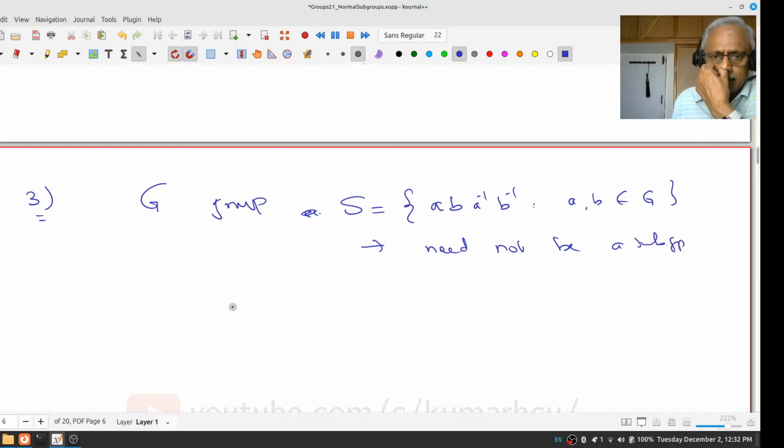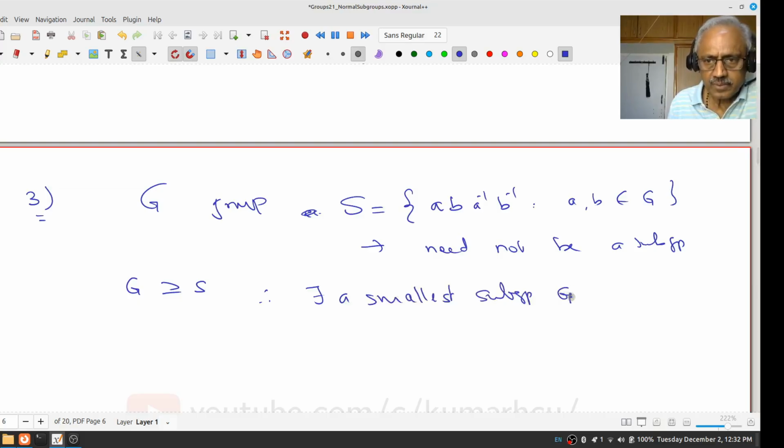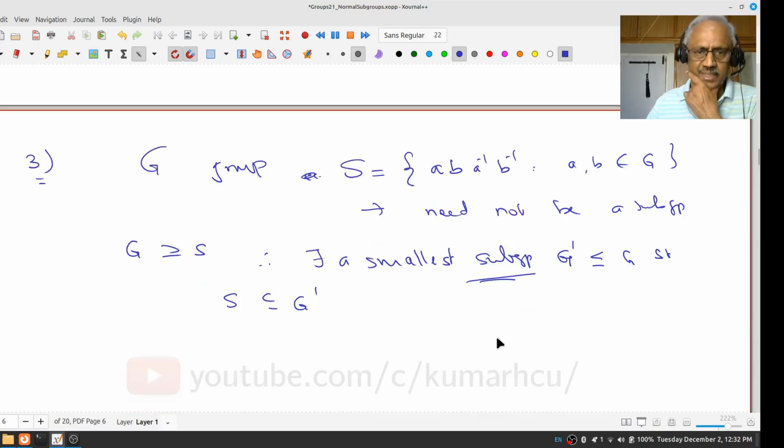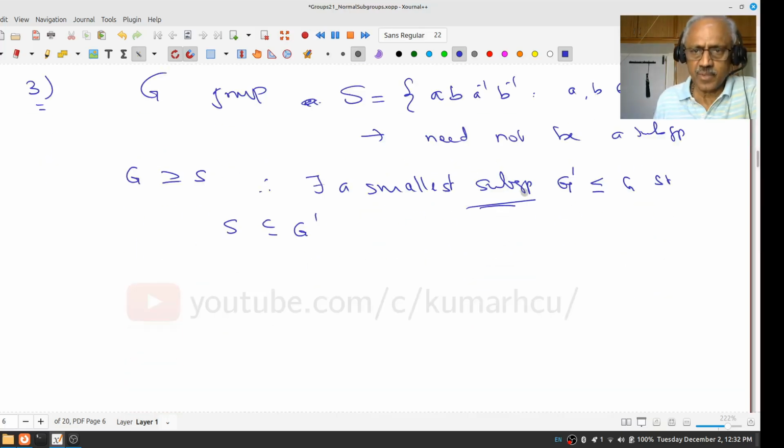But G is a group which contains S. Therefore, by our earlier analysis, there exists the smallest subgroup G dash of G such that S is contained in G dash. Okay. Recall how I defined the smallest subgroup, the intersection of all subgroups which contain S. Okay. This is the smallest subgroup.